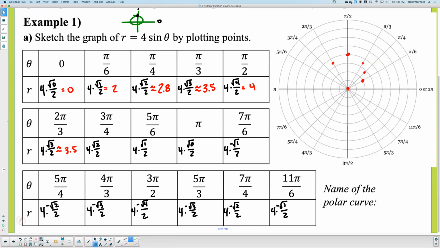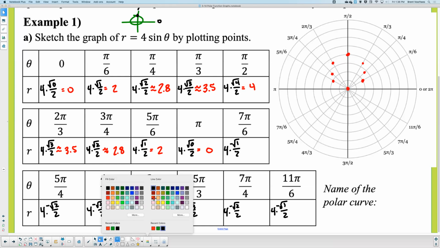This value is going to be approximately 2.8. Let's plot that one again. 1, 2, 2.8. This value is going to be 2. And this value is going to be 0.